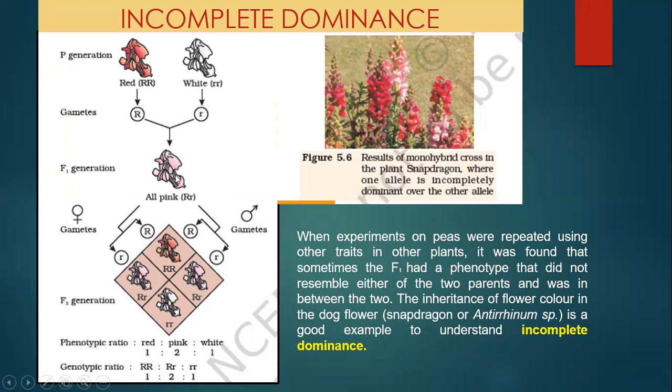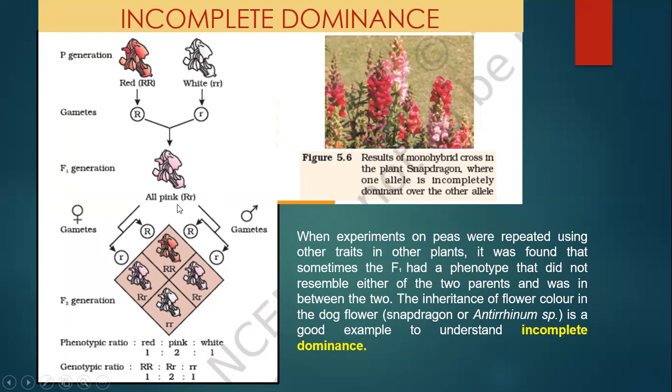The color of the offspring was pink, intermediate between red and white. You can even see in this picture that you have a red flower, somewhere it is pink and somewhere white flowers.